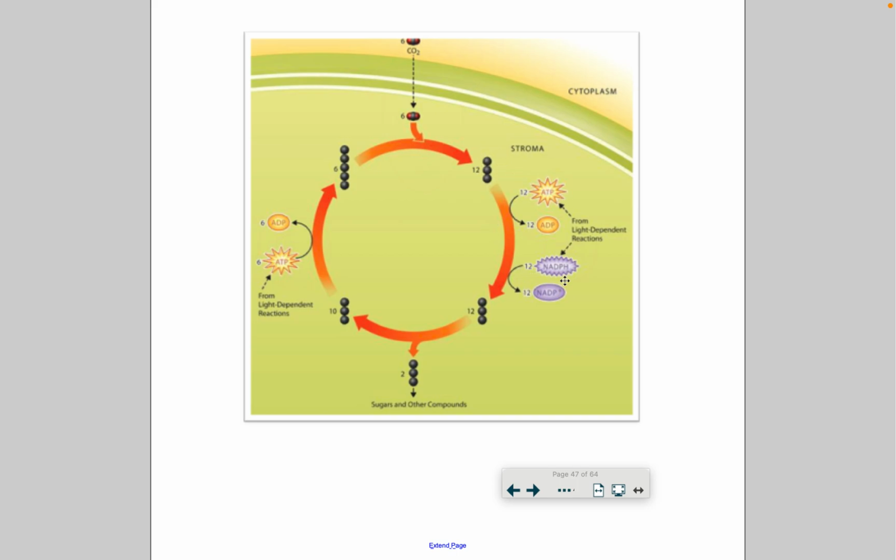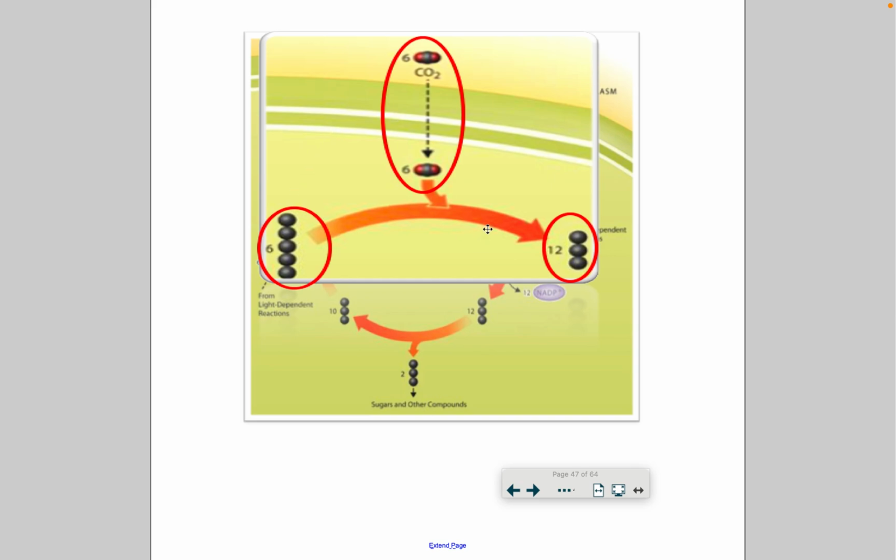And then we're going to use ATP and NADPH and reconfigure it a little bit, maneuver some atoms around, and then 2 are going to get set aside from the 12, and 10 are going to move on. Using some more energy, we remodify and change that 3-carbon molecule back to a 5-carbon molecule. Okay, so let's focus this. A 1-carbon molecule, carbon dioxide, enters and combines with this 5-carbon molecule to turn into 12 3-carbon molecules.